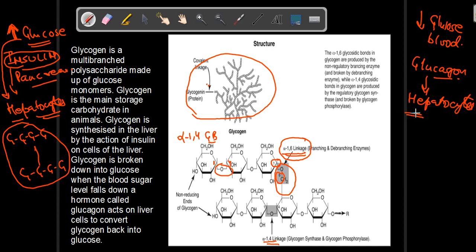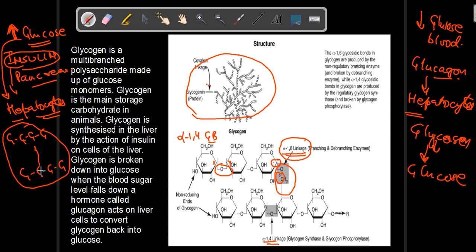Now these hepatocytes, what do they contain? They contain glycogen molecules. And when glucagon acts on hepatocytes, the glycogen molecule is broken down to release glucose units.